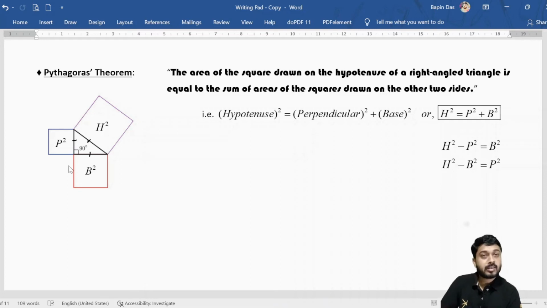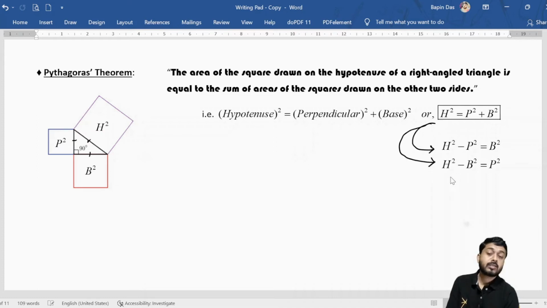Isn't it easy to understand? Yes, it's pretty simple. So we can write hypotenuse squared is equal to perpendicular squared plus base squared, or h square equal to p square plus b square. From this we can write h square minus p square equal to what? B square. Again, h square minus b square is equal to p square, right?